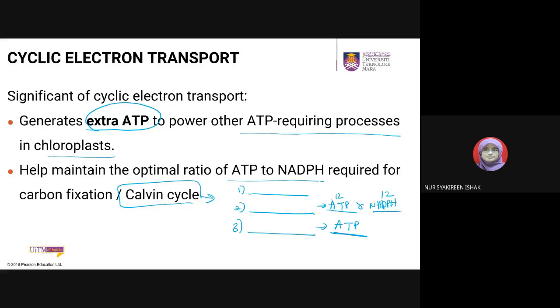Okay, so it means that the Calvin cycle will require more ATP molecules. So in the regeneration phase, it requires another 6 ATP molecules. Okay, so as you can see, more ATP molecules are required during the Calvin cycle. So the benefit of cyclic electron flow is to produce more ATP molecules for the plant. Okay.